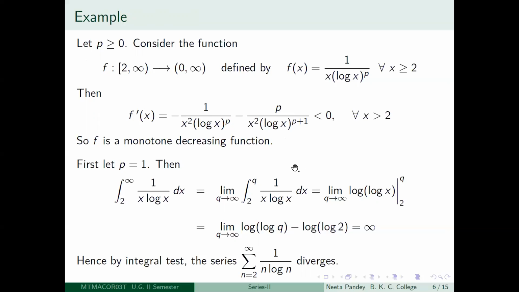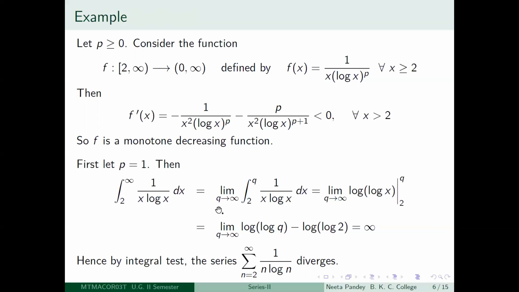Again, the value of the integral in which we are concerned will be different for p equal to 1 and for p not equal to 1. So we do the p equal to 1 case separately and the p not equal to 1 case separately. If p is equal to 1, then integral 2 to infinity 1 by x log x dx is equal to what?